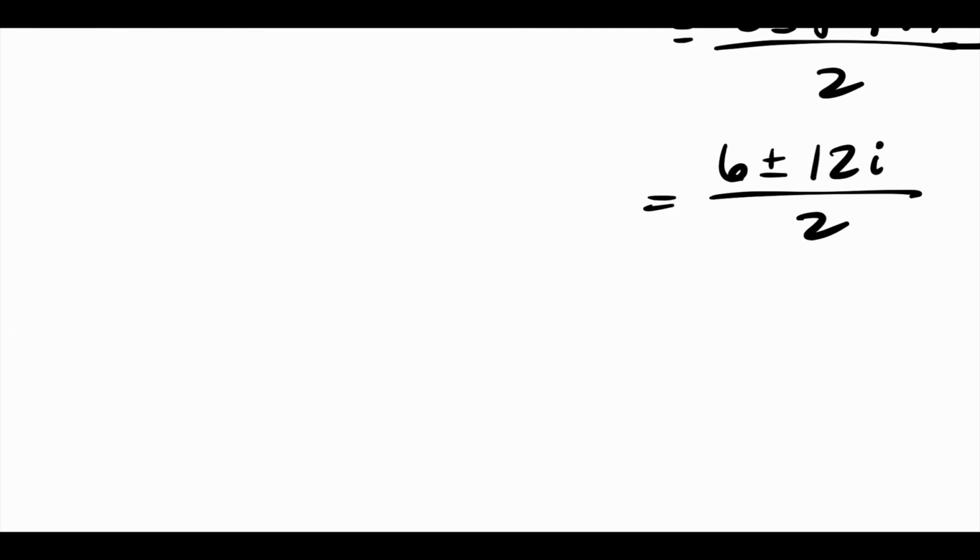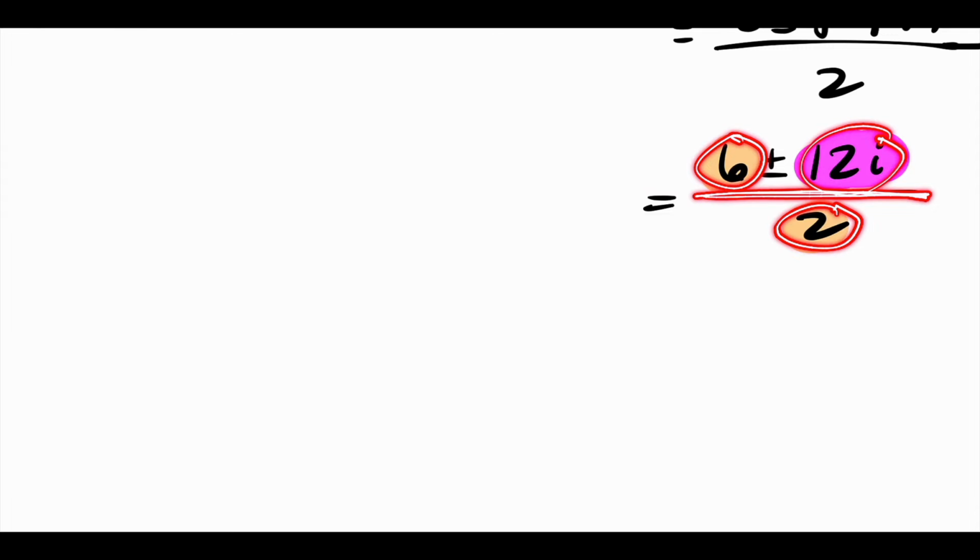We have to separate them. 6 is a real number, 2 is a real number, 12i is an imaginary number. This means division. Both of them, real and imaginary, are being divided by 2.